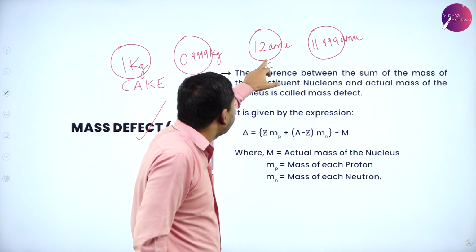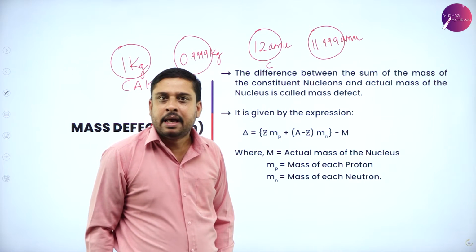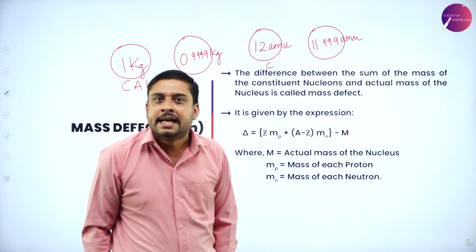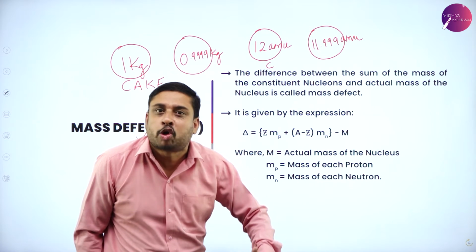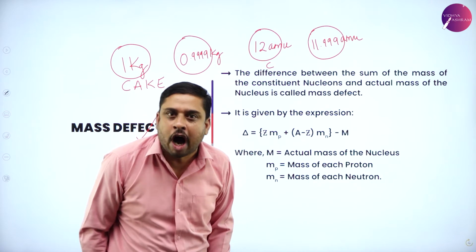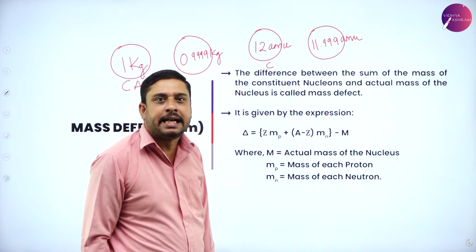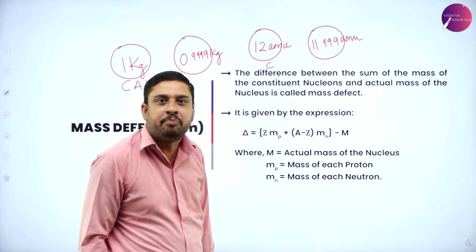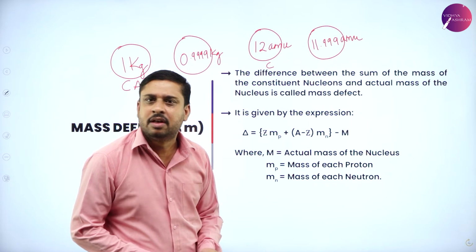Actual mass of carbon is 12 u. I will measure the sum of the mass of its protons and neutrons, the so-called nucleons. It turns out to be 11.999 AMU. So there is some difference in mass.